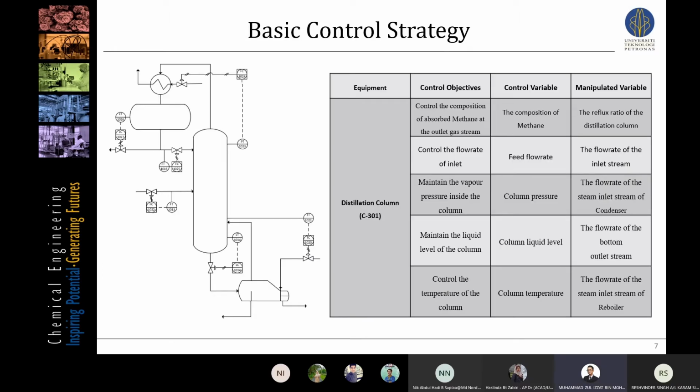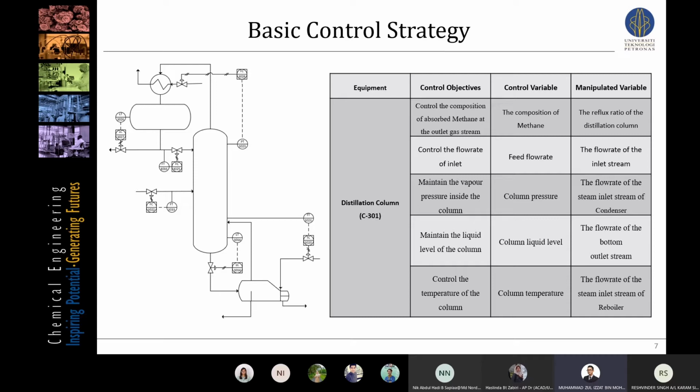Next, for the distillation column, the demethanizer, we control the composition of methane at the outlet gas stream by manipulating the reflux ratio of the distillation column. We also control the flow rate of the inlet feed by manipulating the flow rate of the inlet stream.